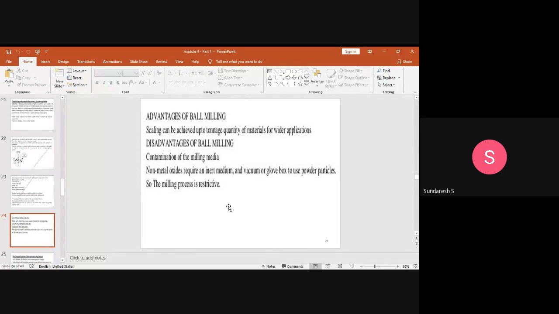We have the possibility of getting unwanted material into the powder. Non-metal oxides require an inert medium, meaning you have to maintain inert media and vacuum or glove box to use powder particles. So the milling process is a little bit risky. So these are some of the disadvantages of ball milling.